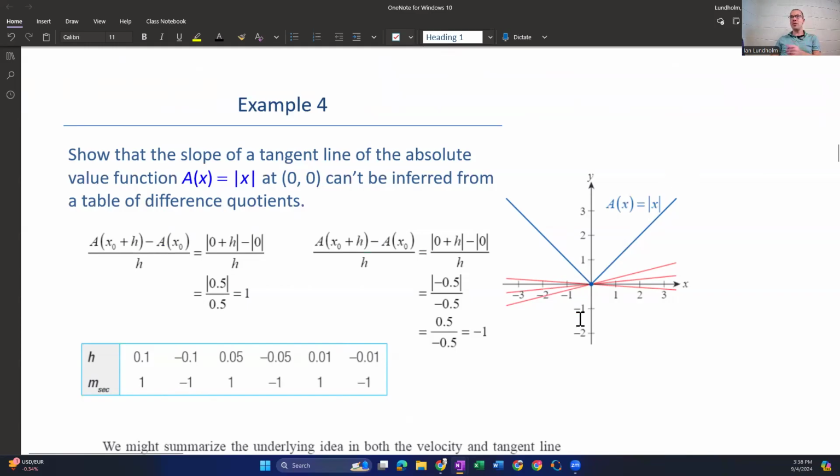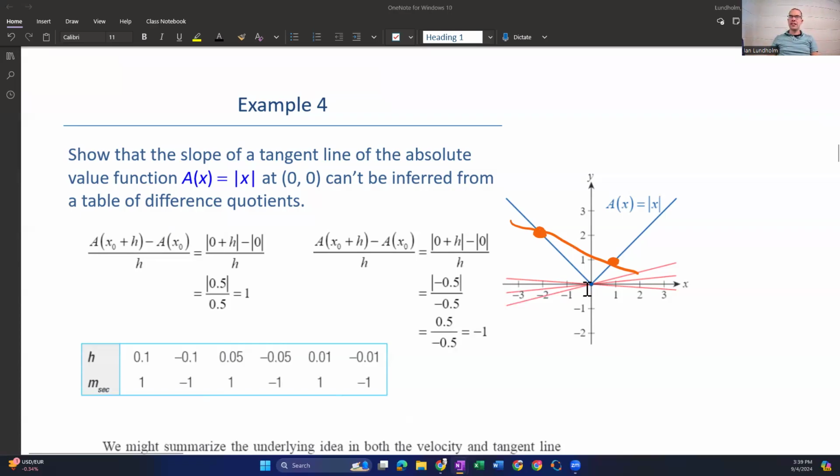I suppose you could try to make a point. Here, let me draw this so you can see it. If you tried drawing a point over here and another one over here, you could draw a secant line there, but there's not really a hope that this secant line means much in the whole scheme of things, because we get this hard point down here where we come to a corner.